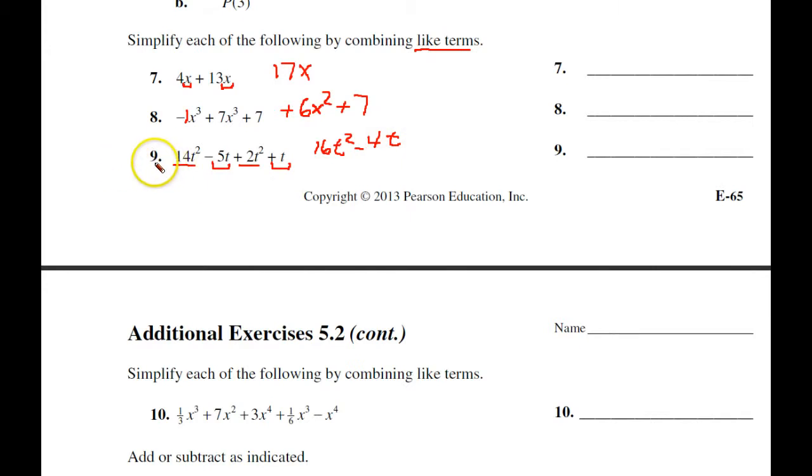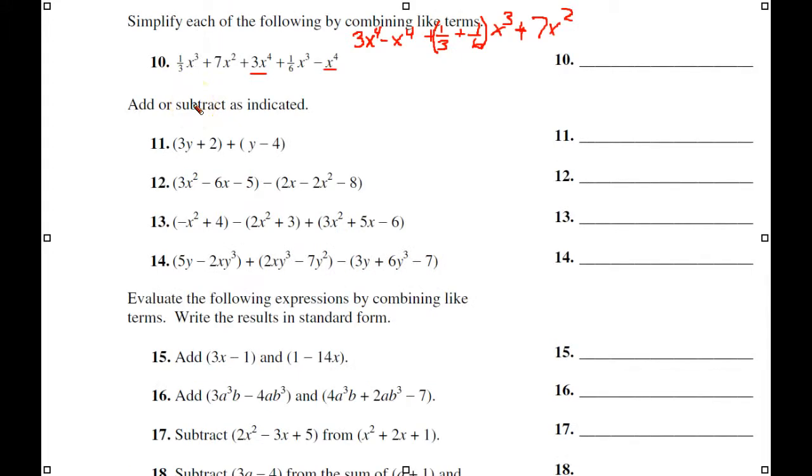Again, the variables never change when we are adding or subtracting like terms, combining like terms. Now in number 10, what I did was to kind of group the like terms together. So these are like terms.